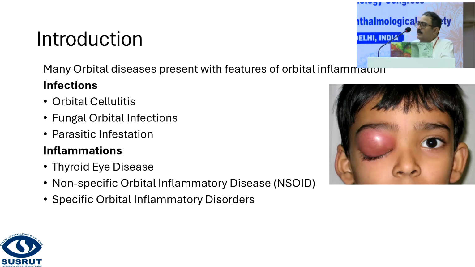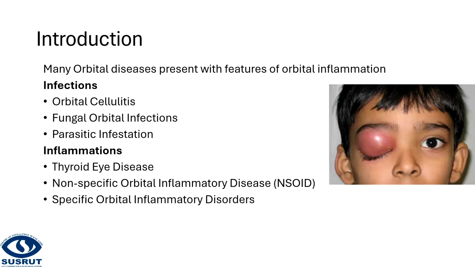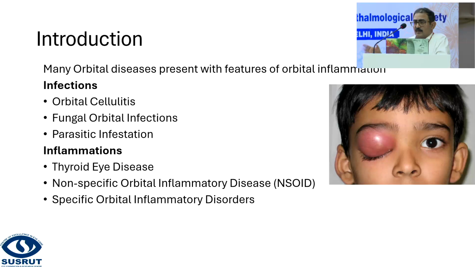All right, but then you can also have more chronic inflammations. So other inflammations, the common being thyroid eye disease, that can present acute, but it's usually a subacute or a chronic presentation. And you have the non-specific and specific orbital inflammations where biopsy actually helps to prove whether it is one or the other. And they often present as a subacute or a chronic inflammation.